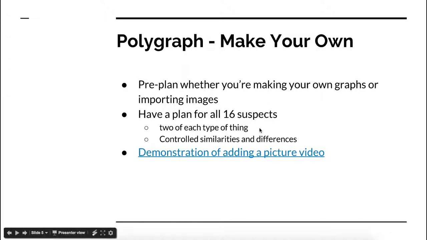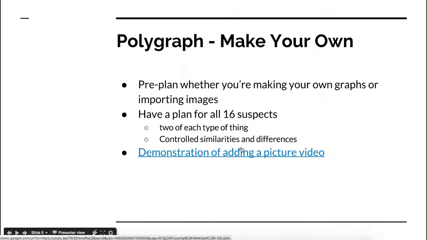Do you want there to be 2 of each kind of thing? Do you want there to be any particular similarities or differences you have control over? For example, my triangle example had all right triangles. That was something I wanted to control so that it wouldn't be a discussion point.